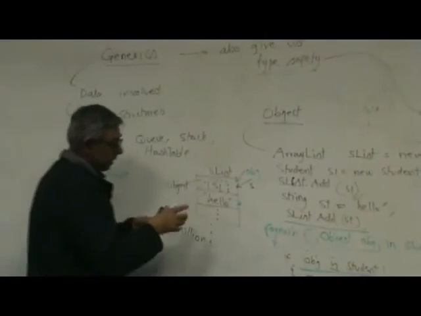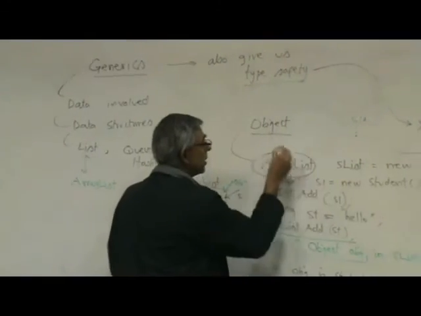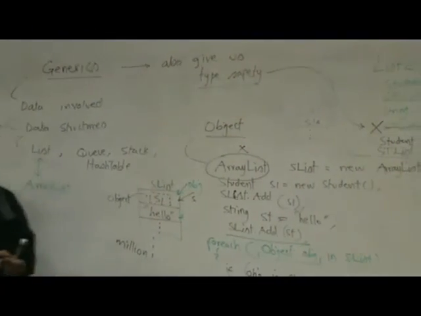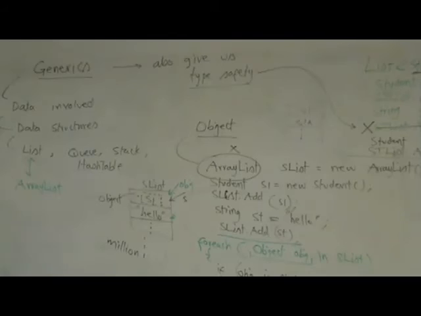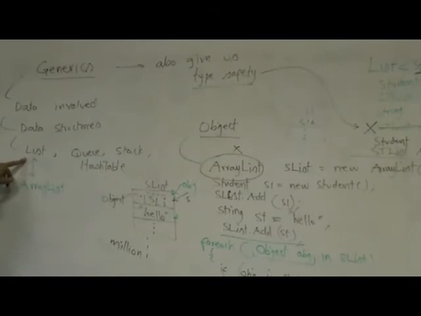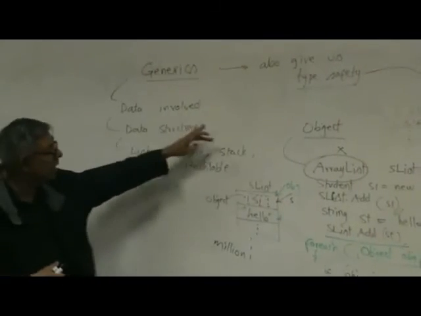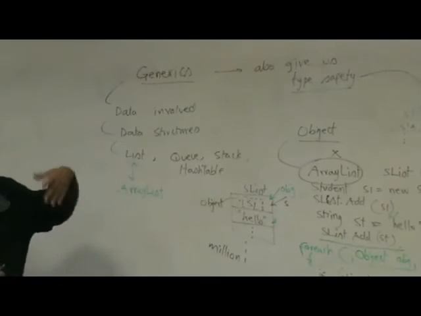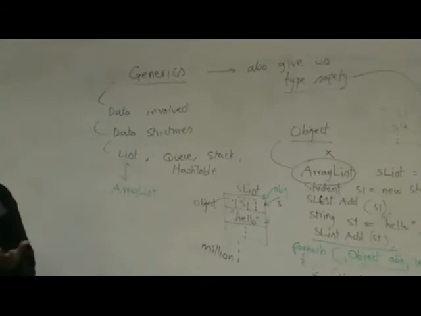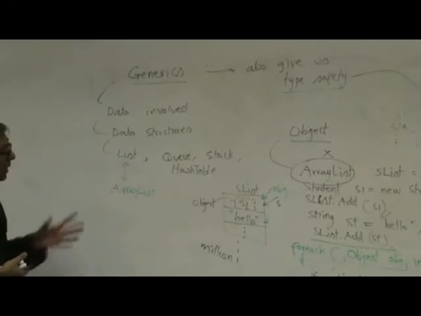So from now on, never use an array list. There's really no need for it. If you have to store data, create a list. If you wanted a stack, again, there's a pre-built class Stack where you can create a stack of integers or a stack of doubles and so on.